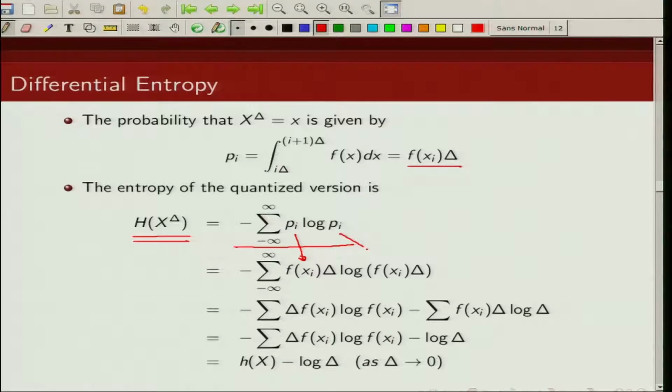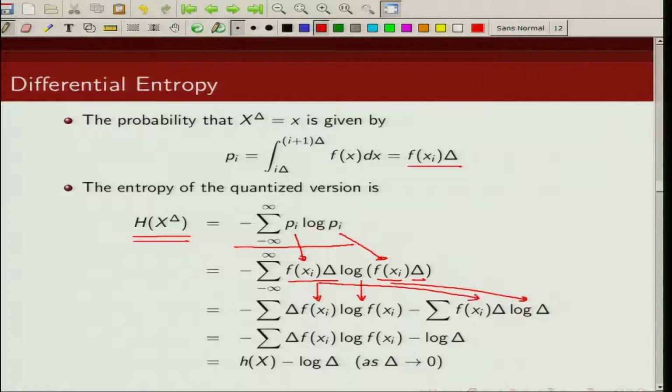Here we have log of A times B, which can be written as log of A plus log of B. So log of f of xi times delta can be written as log of f of xi plus log of delta, and this comes here.